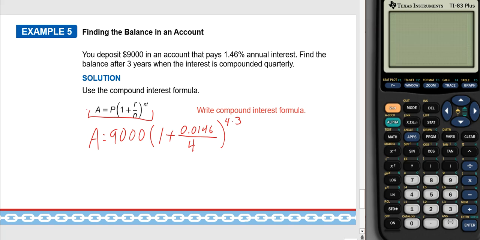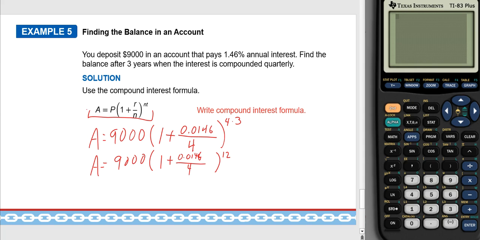So that means in the span that we are looking at, we're going to get 12 interest payments, right? This is going to become a 12 here, and then 1 plus 0.0146 over 4, right?